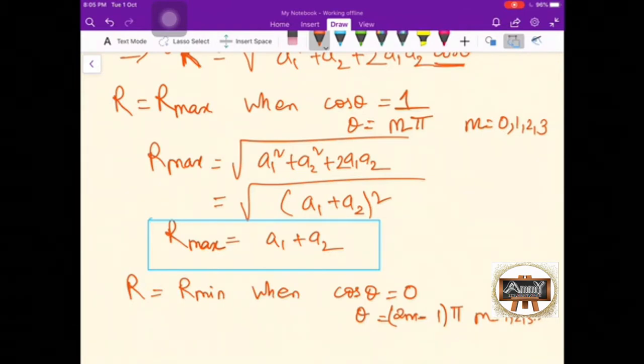I made a slight error here: theta is going to be 2m pi for the maximum, not m pi.